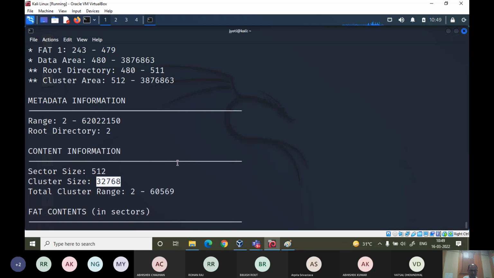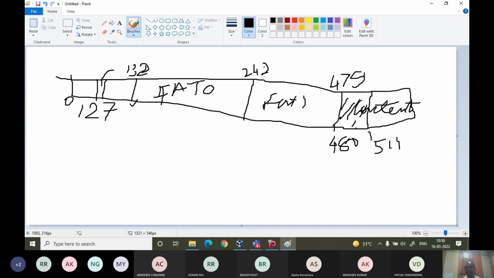If you divide it by 512, कितना होगा? Calculator. 32768 divided by 512. So 64. In fact, 64 sectors together give one cluster. So यहाँ से जो ये total cluster area, total file area, content area है, let me just draw this one.